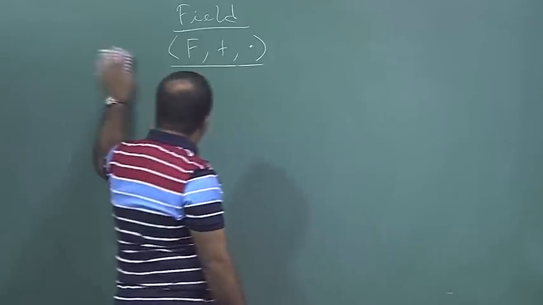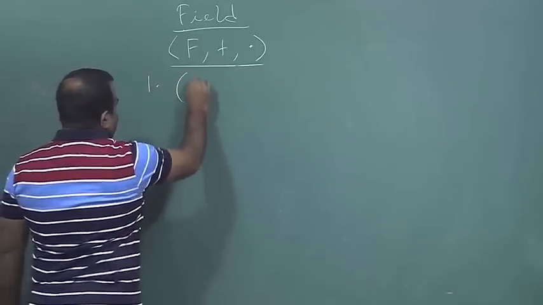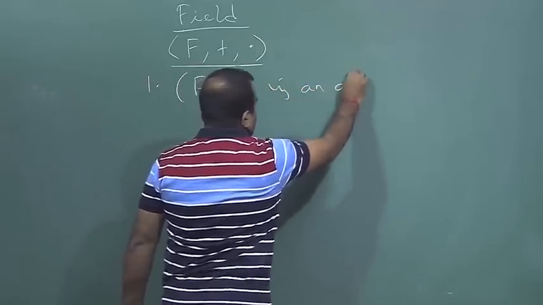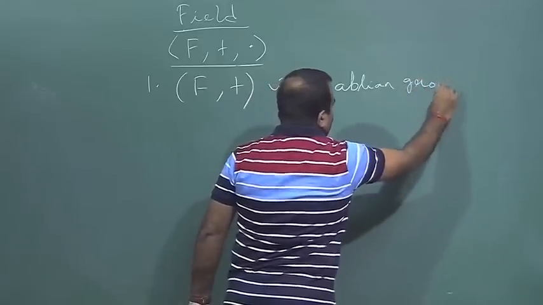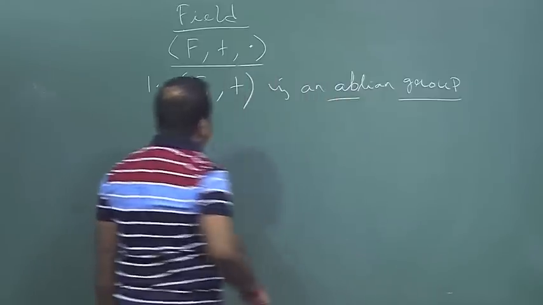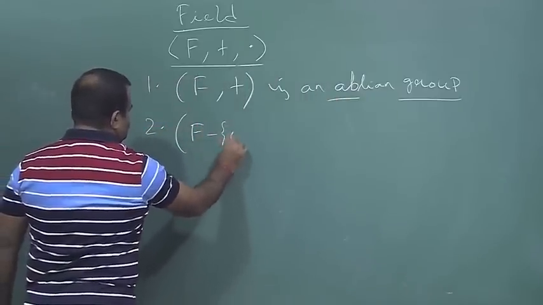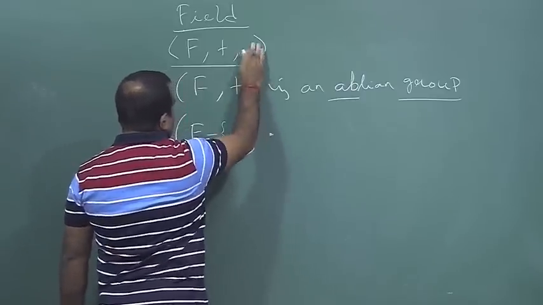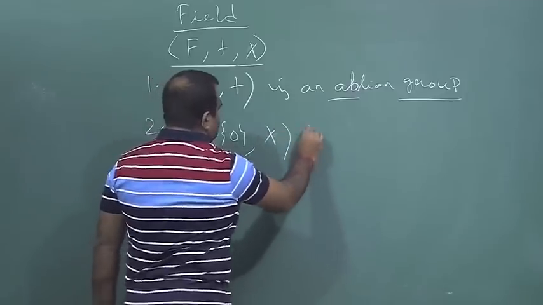So, this integral domain is a field. Basically for a field, F must be an abelian group, and also F minus 0 is also an abelian group, in the multiplicative sense.